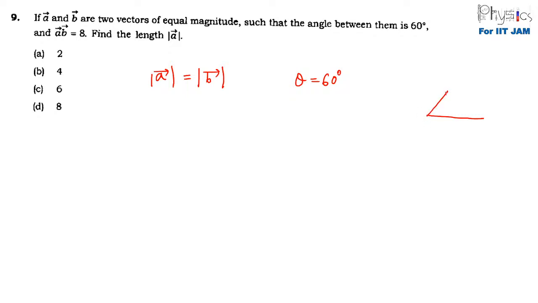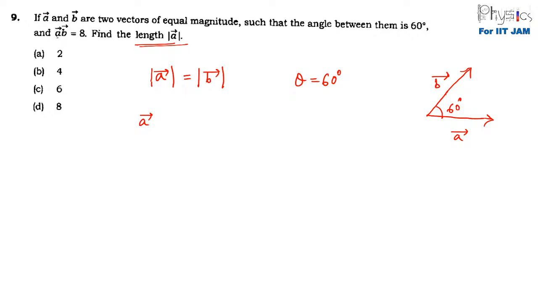If it is A vector, this is B vector, the angle between them is 60 degree. So we need to find the length mod A vector, that is the magnitude of A vector. And another information we have is A vector dot B vector equal 8.